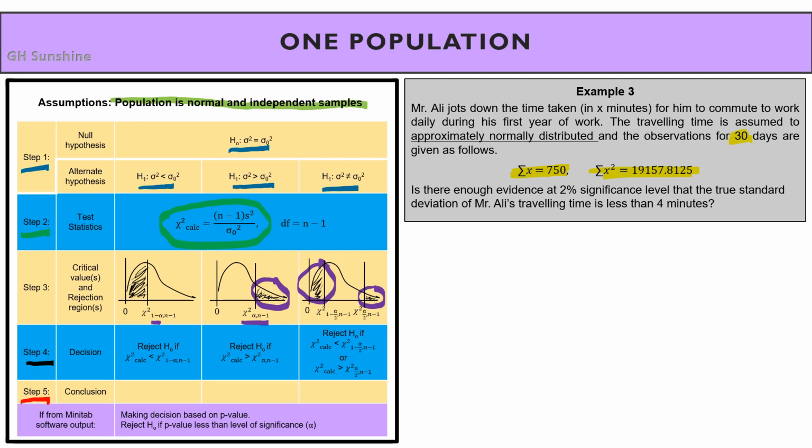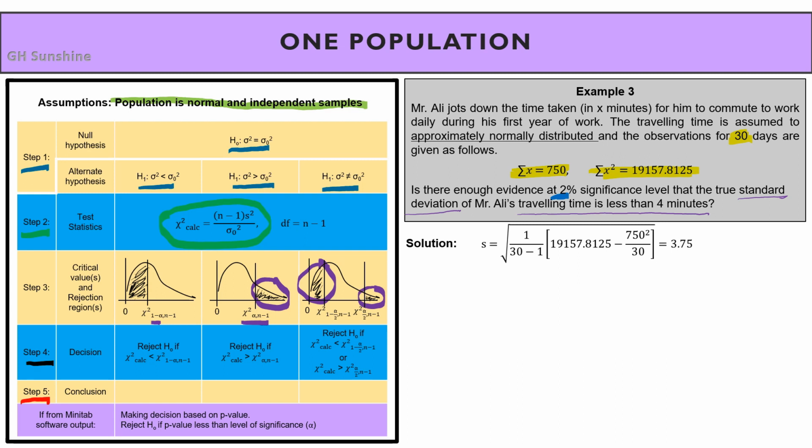So this one, 2% significance level means that alpha equal to 0.02, and what you need to perform is hypothesis testing based on standard deviation. What is the claim? The traveling time is less than 4 minutes. Therefore, the first step is to calculate the value of the sample standard deviation.